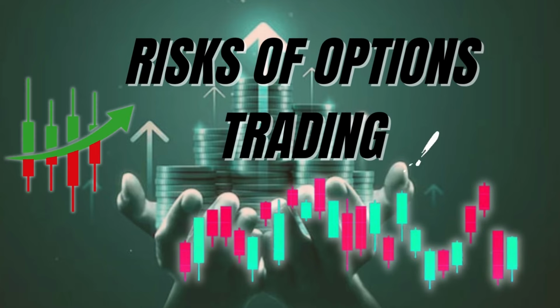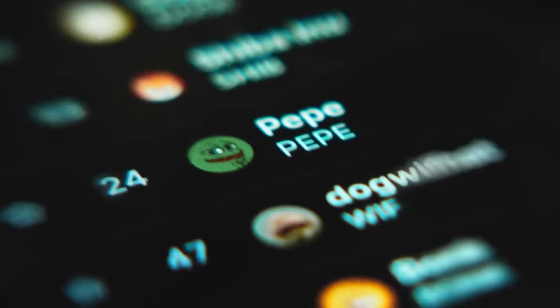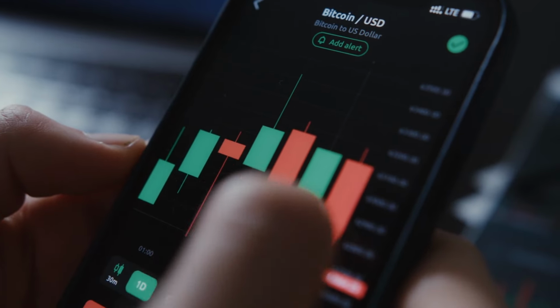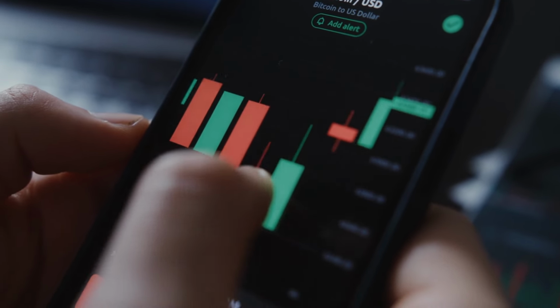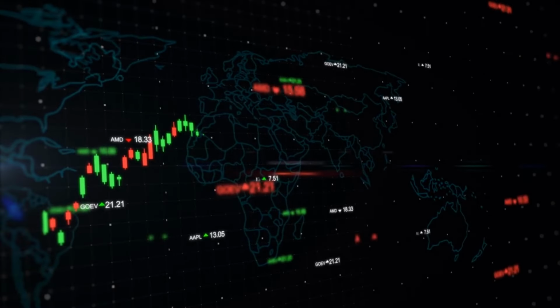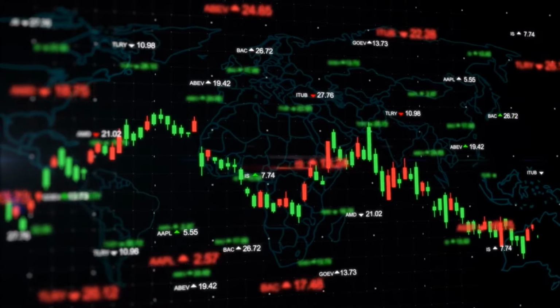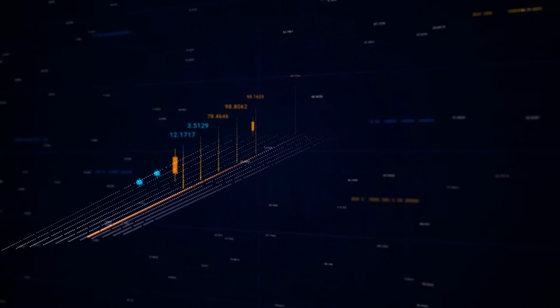Risks of options trading. While options can be profitable, they also come with risks. If you don't fully understand how options work, you can end up losing money, especially if you're buying options and the stock doesn't move in the direction you anticipated. Limited time: options have expiration dates.